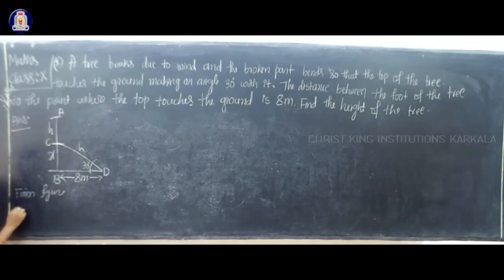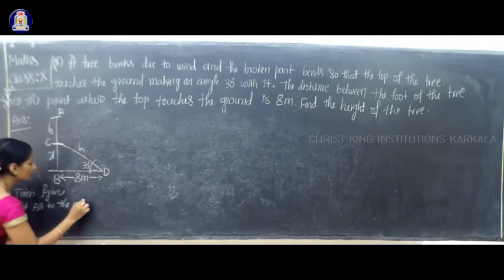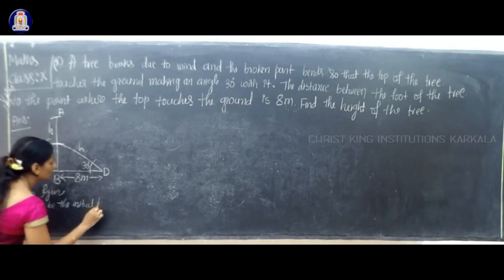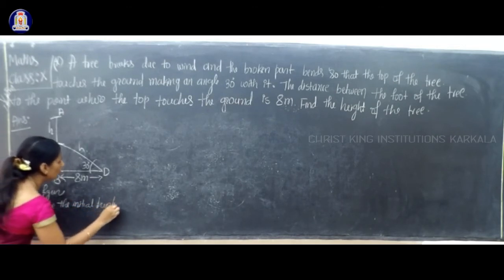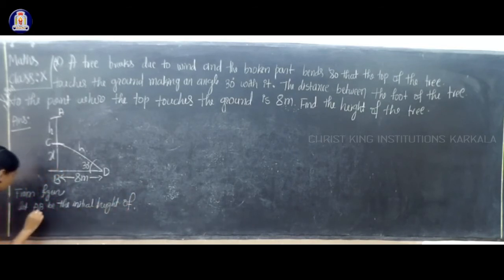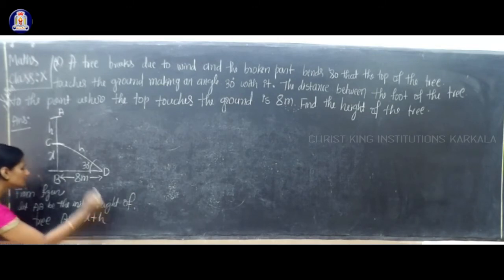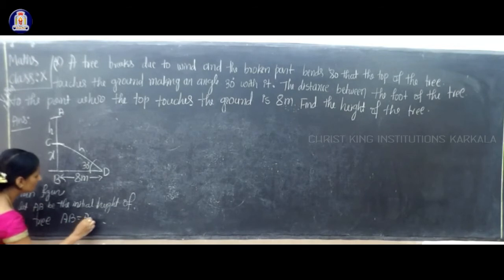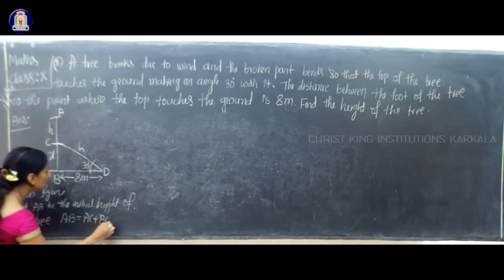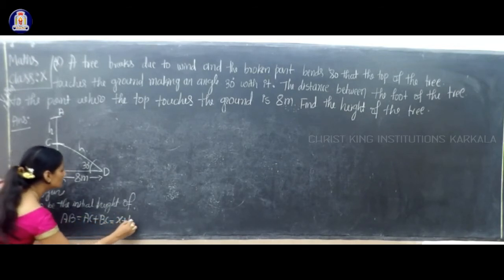From the figure, let AB be the initial height of the tree. So AB is equal to AC plus BC, which is equal to X plus H.